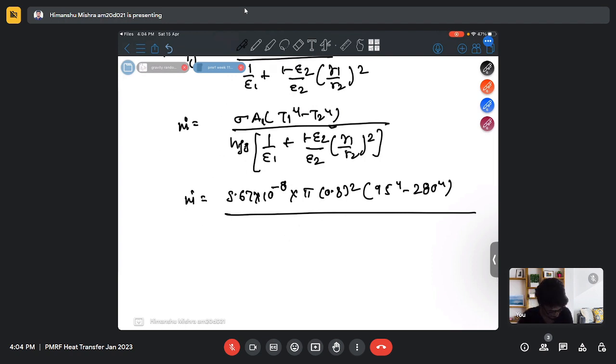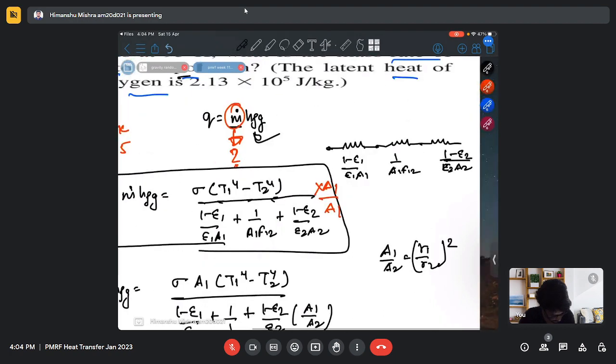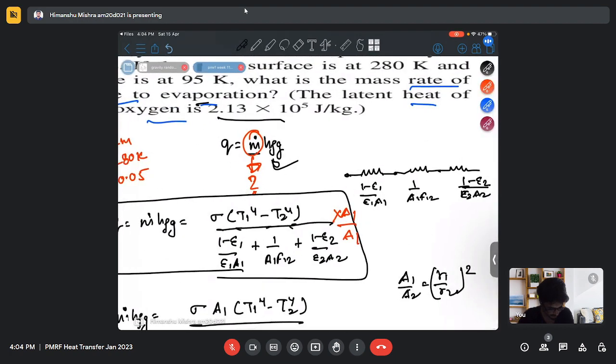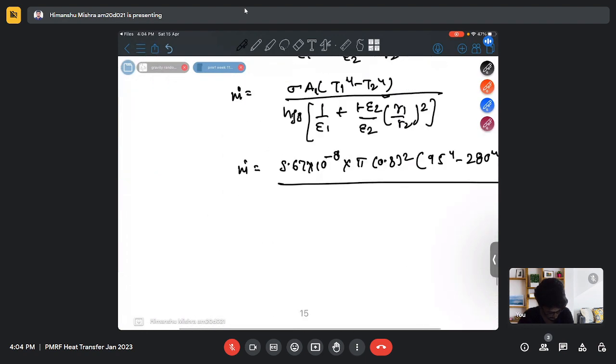And HFG was 2.13 times 10 to the power 5 joule per kg.